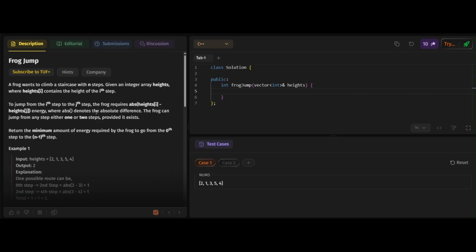The frog can jump from any step either 1 or 2 steps, provided it exists. Return the minimum amount of energy required by the frog to go from the 0th step to the n minus 1 step. So, let me explain.